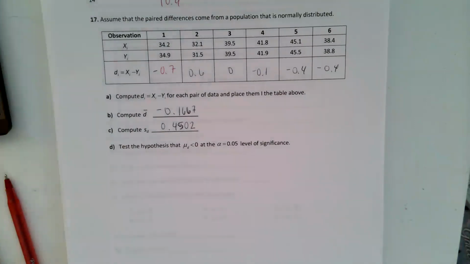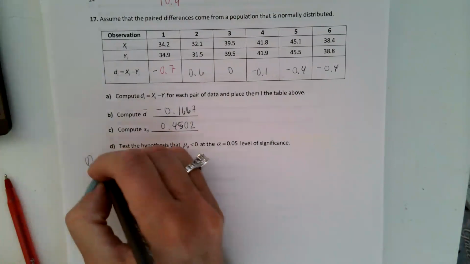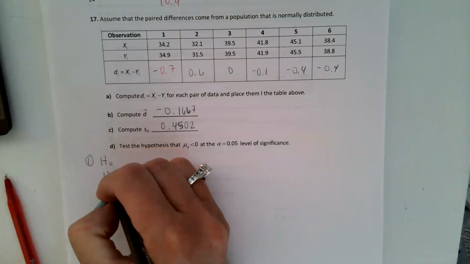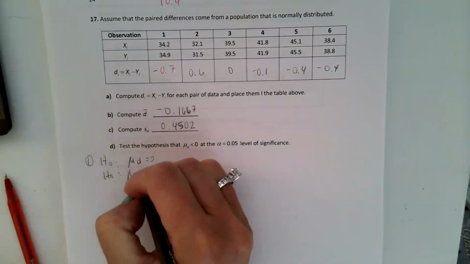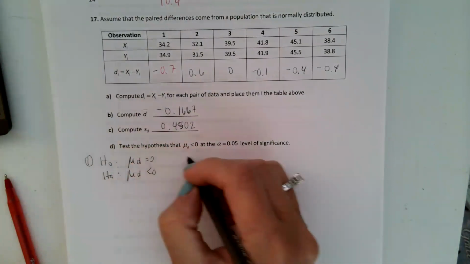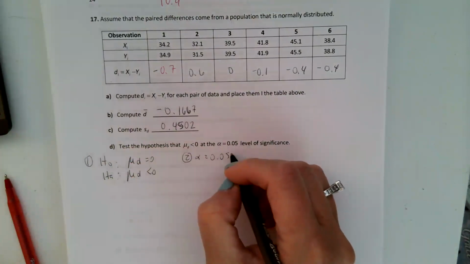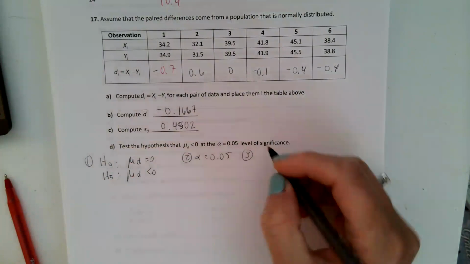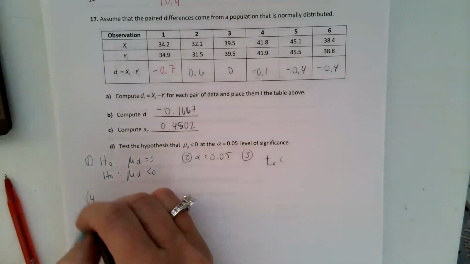Now it says to test the hypothesis that the mean difference is less than 0. So we've got H0, HA. So the mean differences are equal to 0 and the mean differences are less than 0. And our alpha is at 0.05. And so we're going to have a T0 for our test statistic.